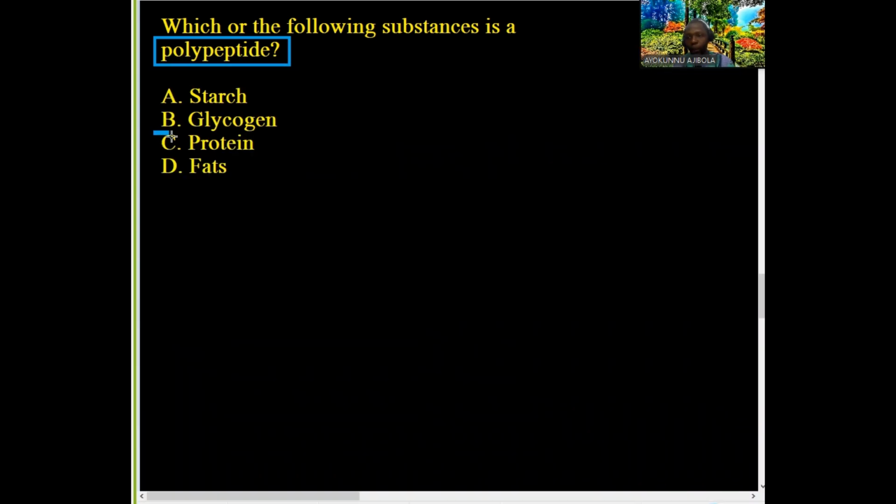It's actually protein. Peptide bonds are found in protein. Polypeptides are found in amino acids, and proteins are polymers of amino acids. Is that clear?